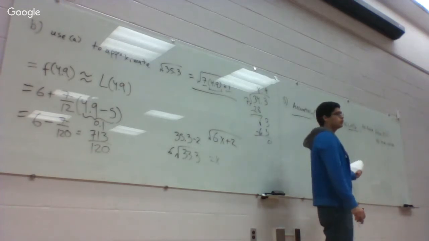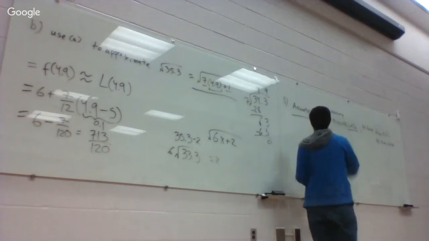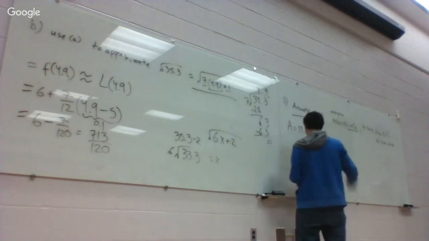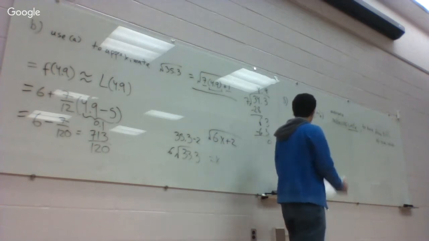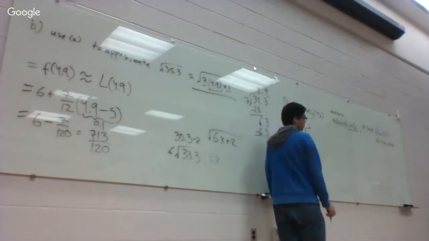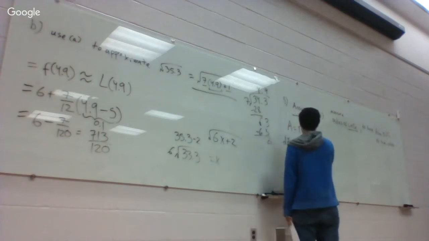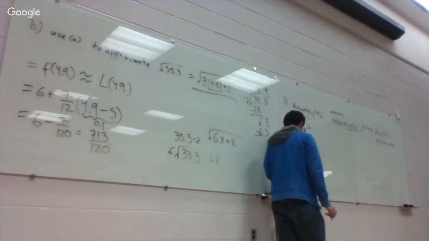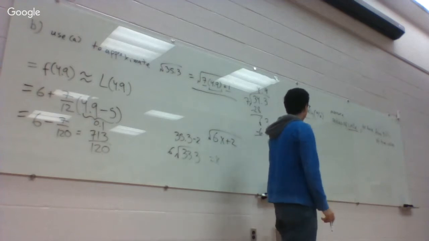So what's the formula for the area of a circle? What's the derivative of this? dA equals 2 pi r dr.